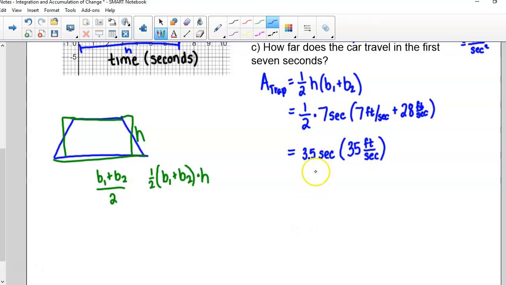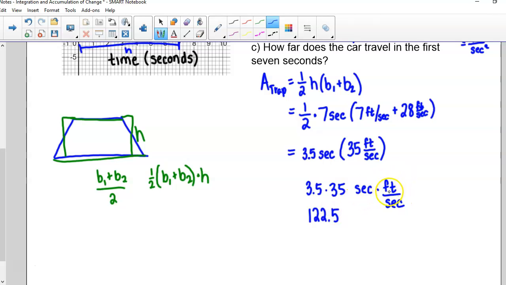So think about what we're doing. Obviously, we're doing 3.5 times 35. With our units, we're doing seconds times feet per second. Alright, so we'll do 3.5 times 35, which is going to give us 122.5.